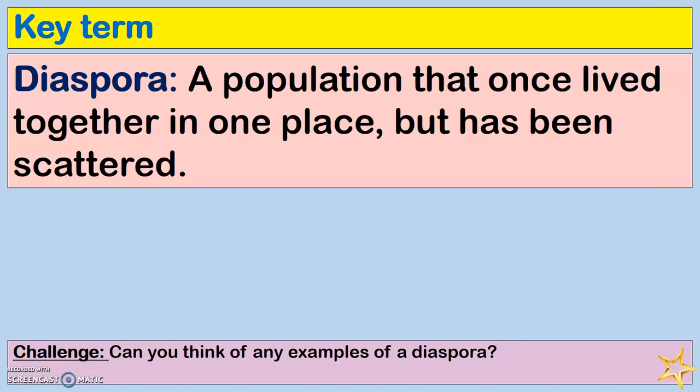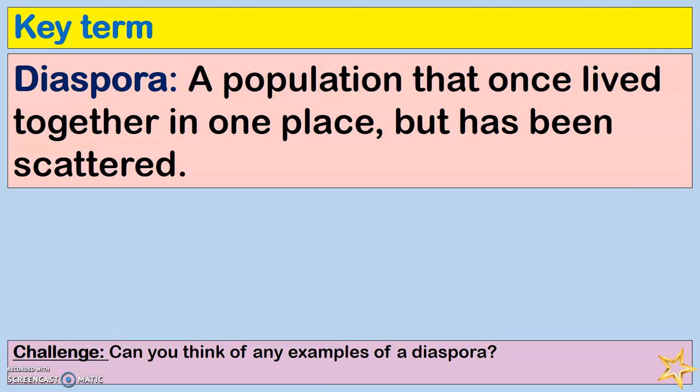Today we are going to be looking at people who moved to Britain because of their religion or moved away from Britain because of their religion. A really good word to know here is the word diaspora. So a diaspora is a population that once lived together in one place but has been scattered.